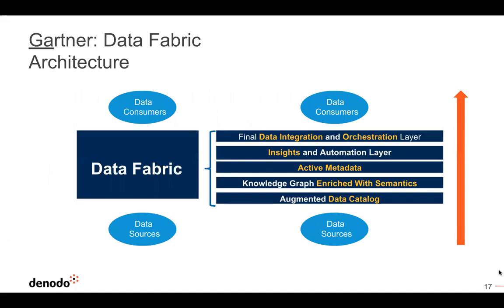So if you have to put it in a visual sense, this is an architecture represented by Gartner, which says if you look at the low level, that is all the data sources out there, and then there are data consumers on top, and data fabric sits in between as a middle layer, which provides an augmented data catalog.